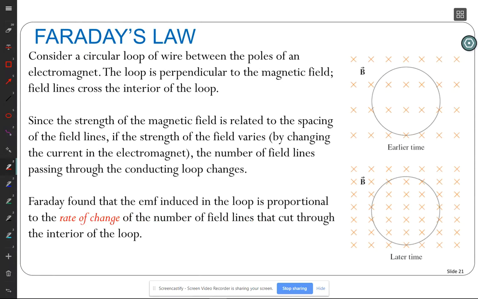And how do we determine the direction? That's Lenz's law. So here's the rule for Lenz's law. Lenz's law says that the induced current will create a magnetic field that opposes the change. So in this case here, the magnetic field got stronger, right? And so to oppose that change, I need to make a magnetic field that's in the opposite direction. And so that means I need to make a magnetic field that's pointing out.